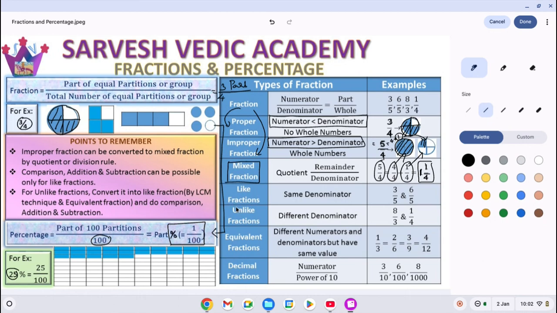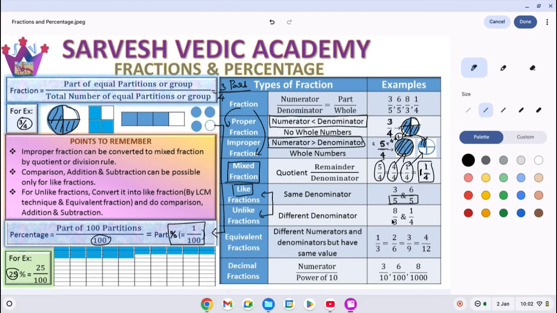Let me explain another two fraction types, which are used to convert or calculate fractions, which are like and unlike fractions. Like means, from the name itself, if two fractions have the same denominator, we can say that it is a like fraction.